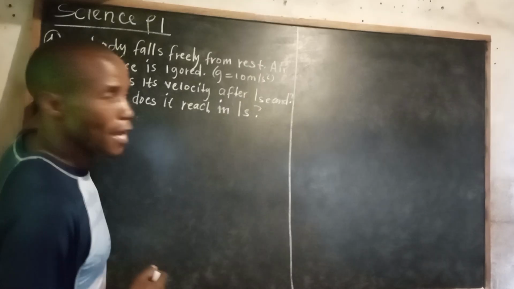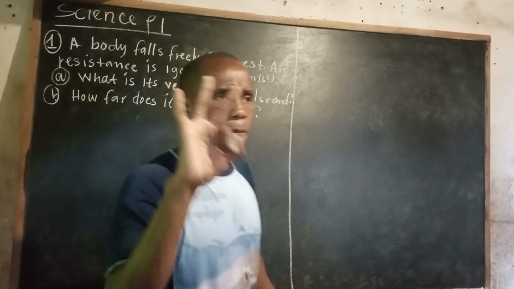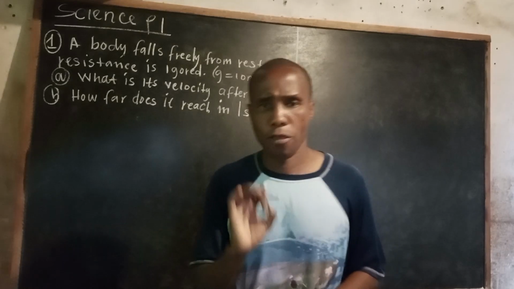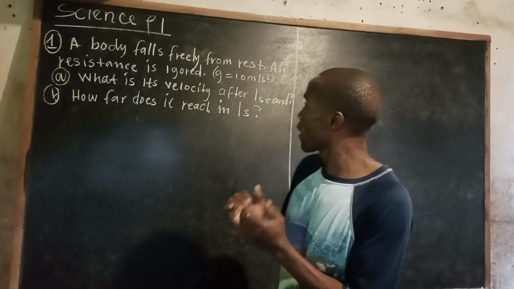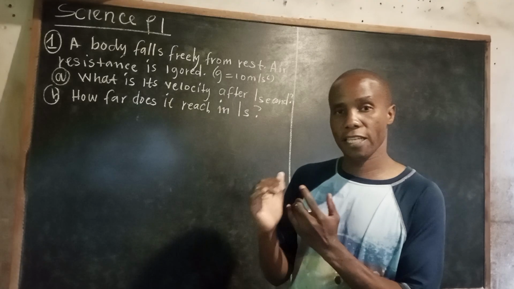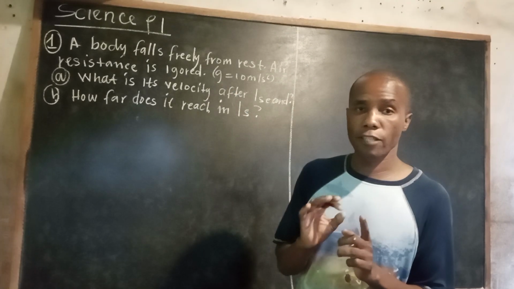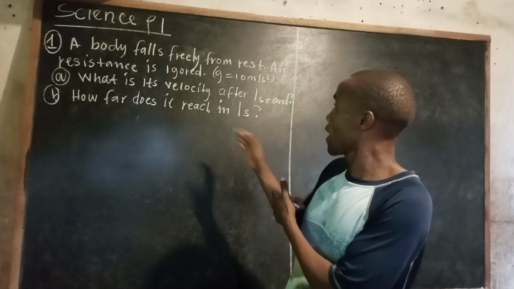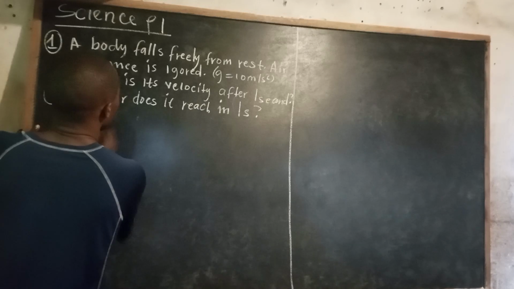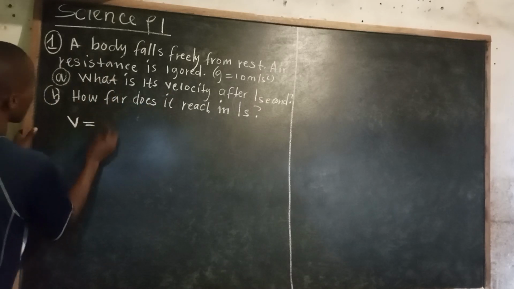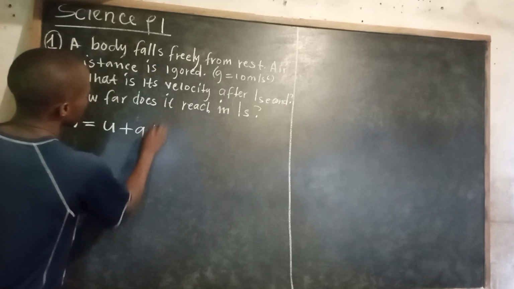So let us see how best we are going to move. We'll start with A. So the velocity, remember, there are those 3 important formulas that I showed you last time, to those of you who are following the lesson, which you are supposed to introduce to answer velocity. So here we are going to say velocity is equal to initial velocity plus acceleration times what?